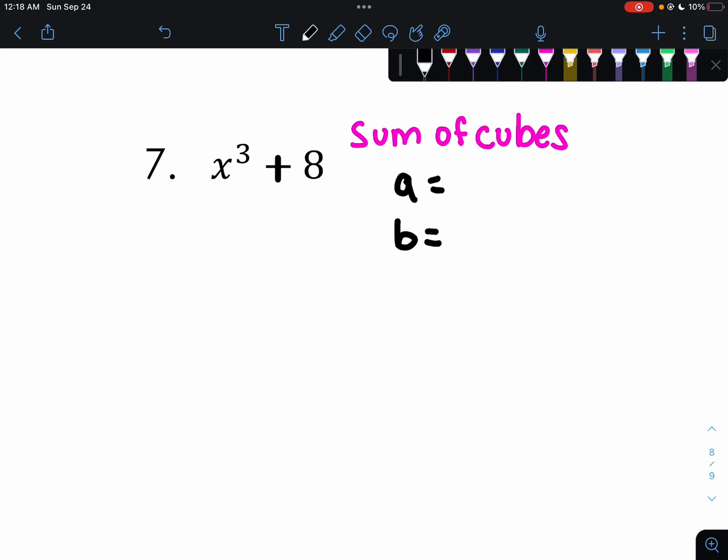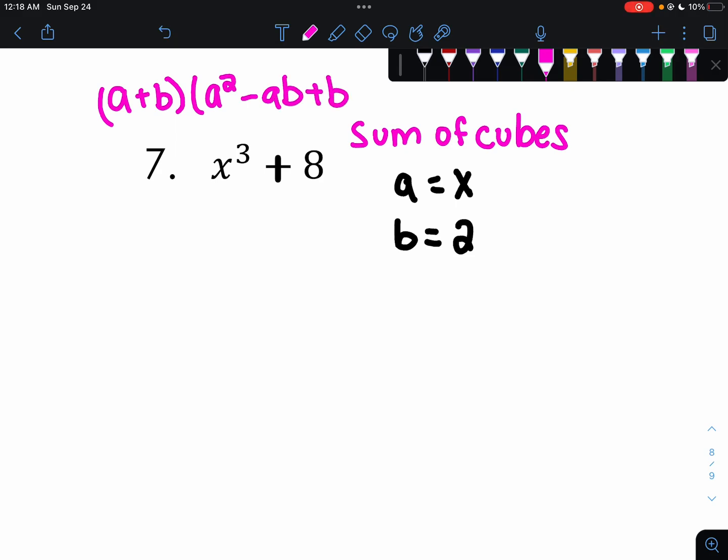So what times itself 3 times gives me x to the 3rd power? That would be x. What times itself 3 times gives me 8? That would be 2. 2 times 2 times 2 is 8. So the formula tells me that we're going to take it as A plus B times A squared minus A times B plus B squared.